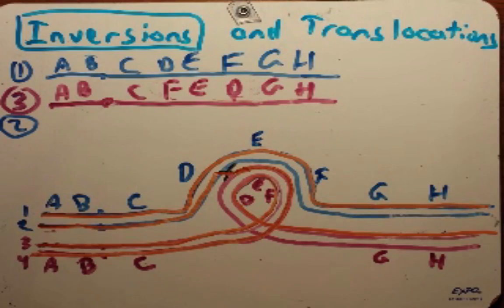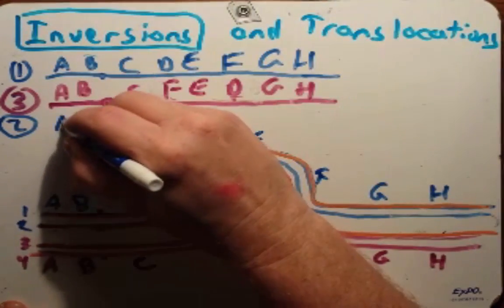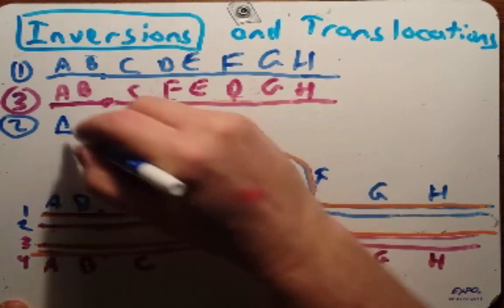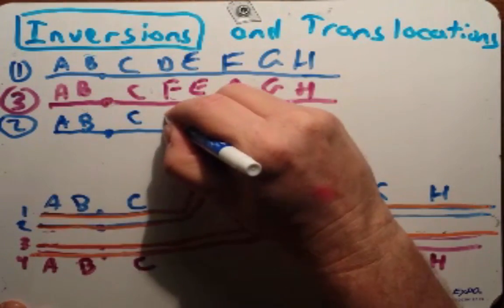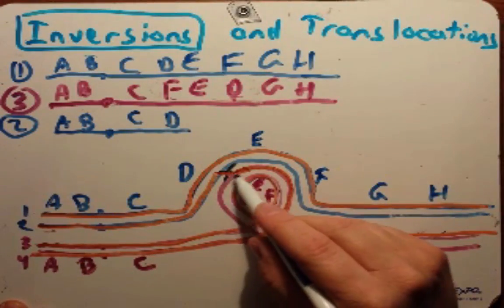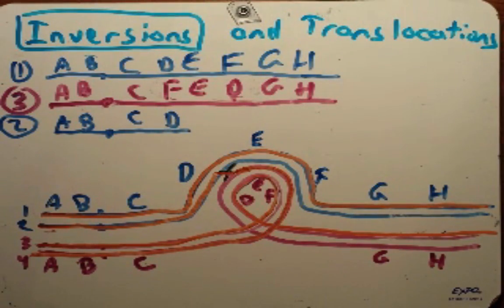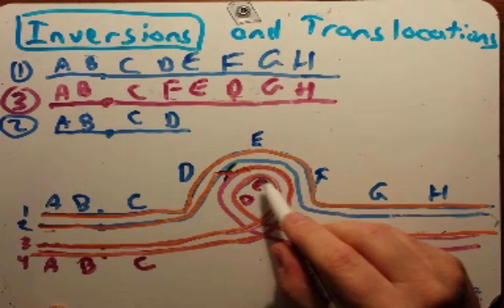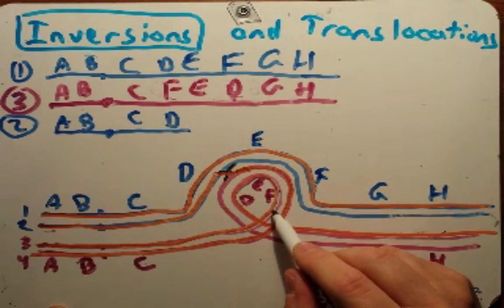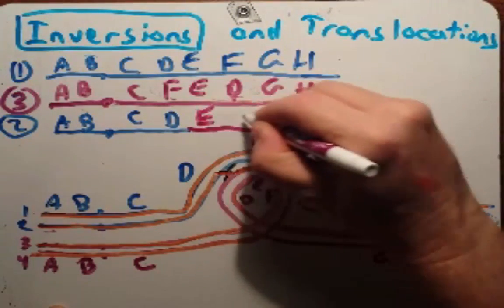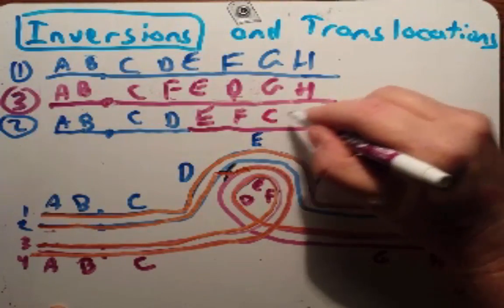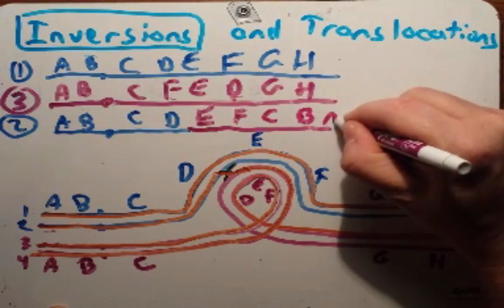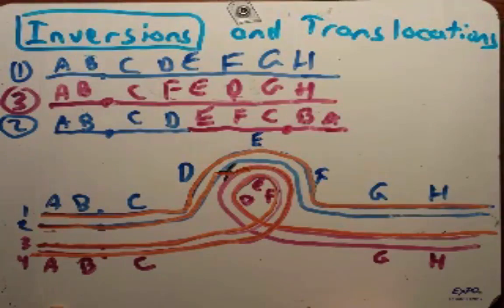So let's write this down. Remember, we picked up A, B, C, and D. This centromere. And it came down here, and now on the purple strand, it picks up E, F, C, B, A. And this second centromere.